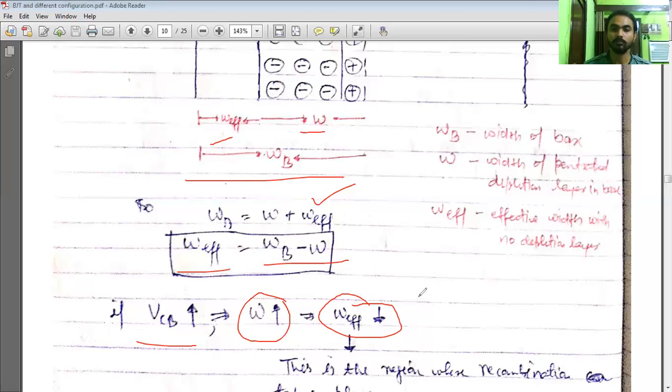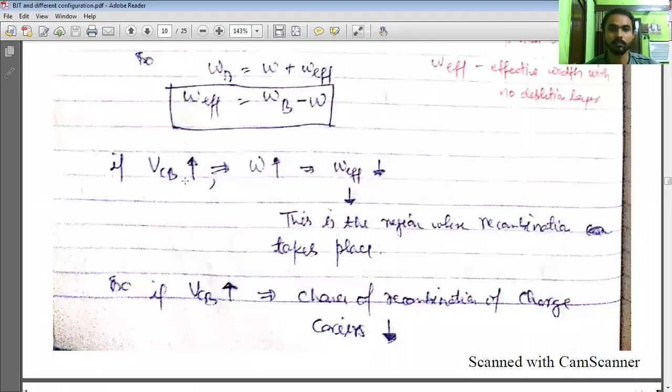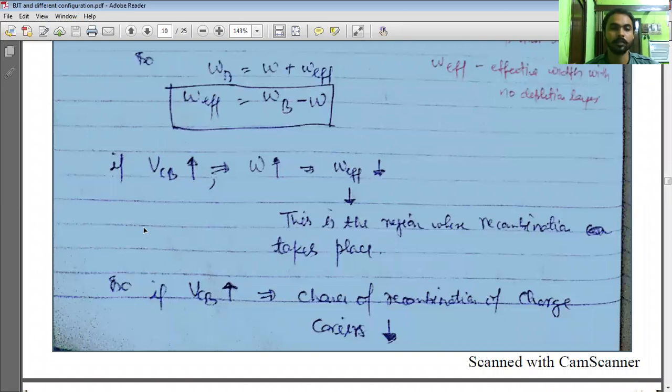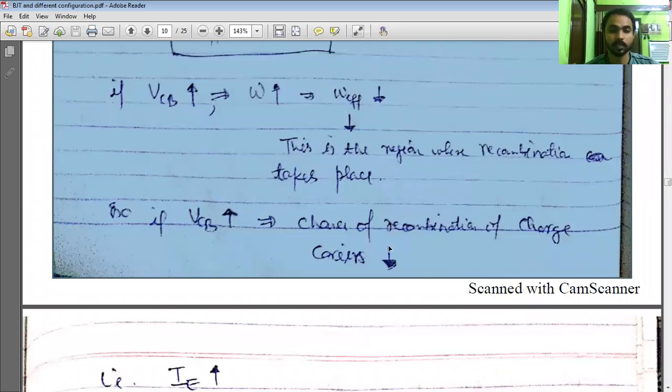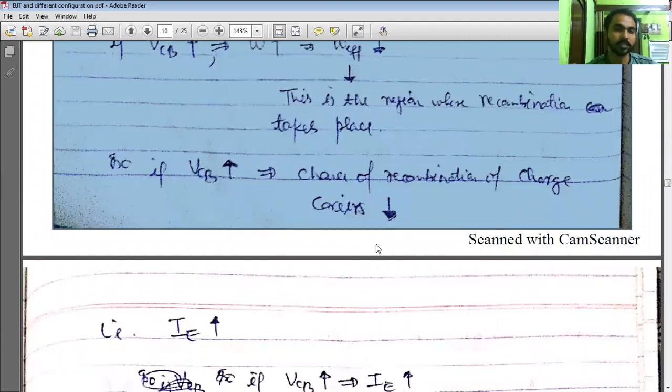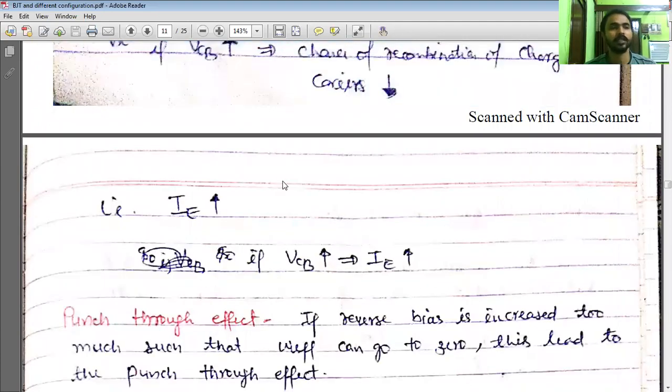One minute, let me remove all this, and then we'll come here. We have done all these things. If VCB increases, the chances of recombination of charge carriers decrease, and since fewer electrons are recombined, the emitter current will increase.